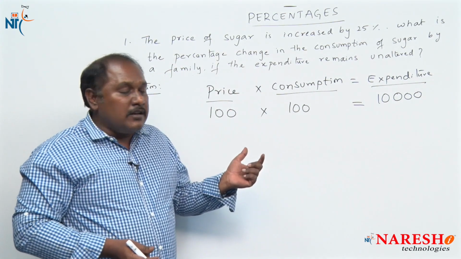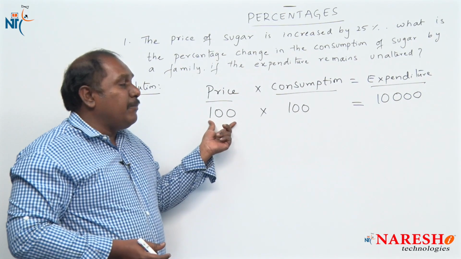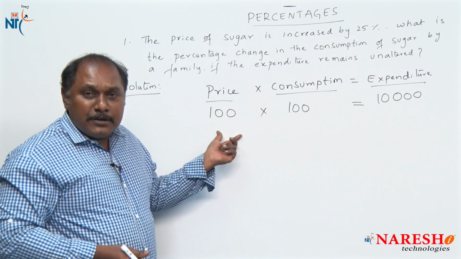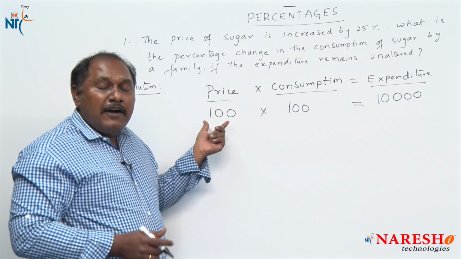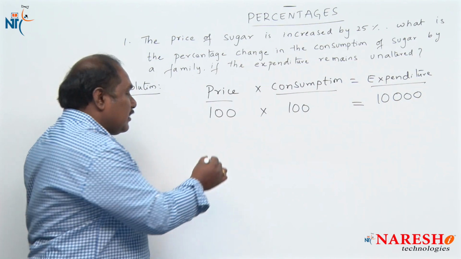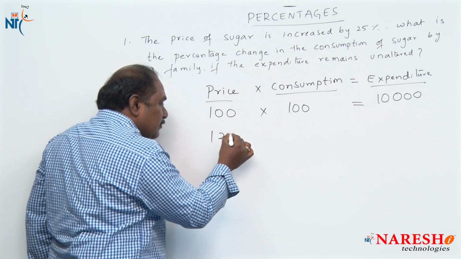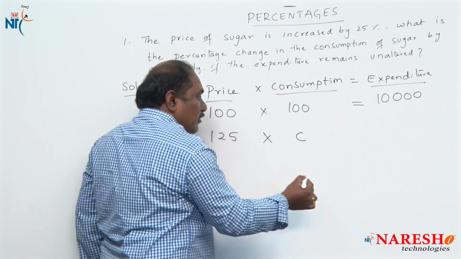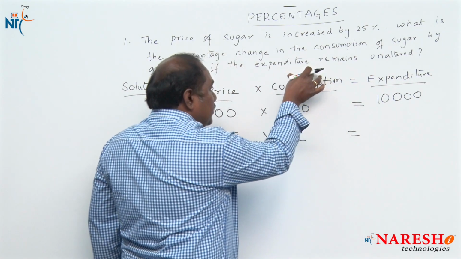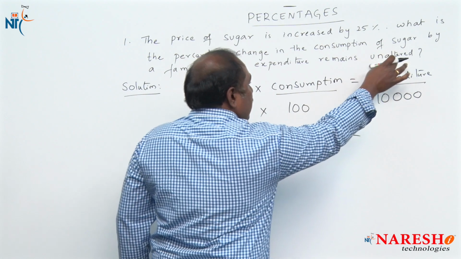Now according to the question, this price should be increased by 25%. Initial price of the sugar is 100, after increasing by 25%, the new price of the sugar becomes 125. We do not know the consumption, but according to the question, expenditure remains unaltered.